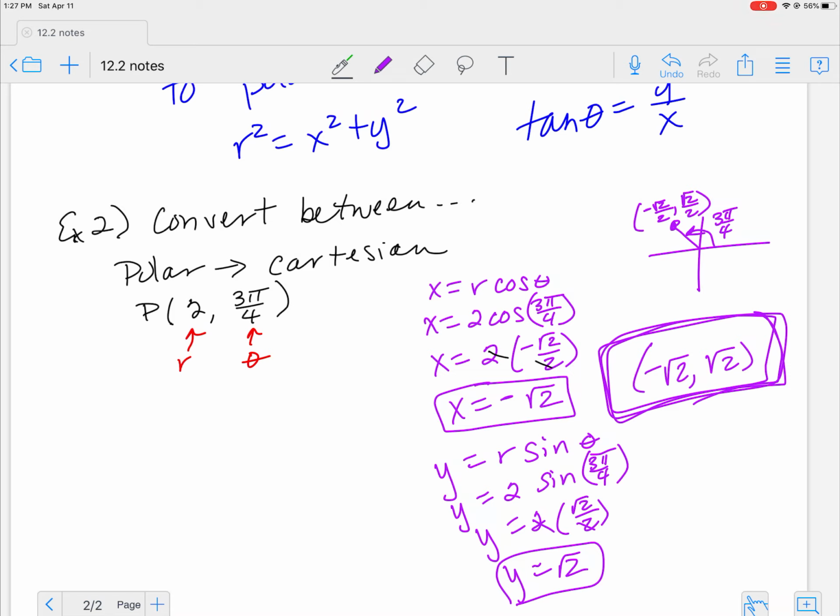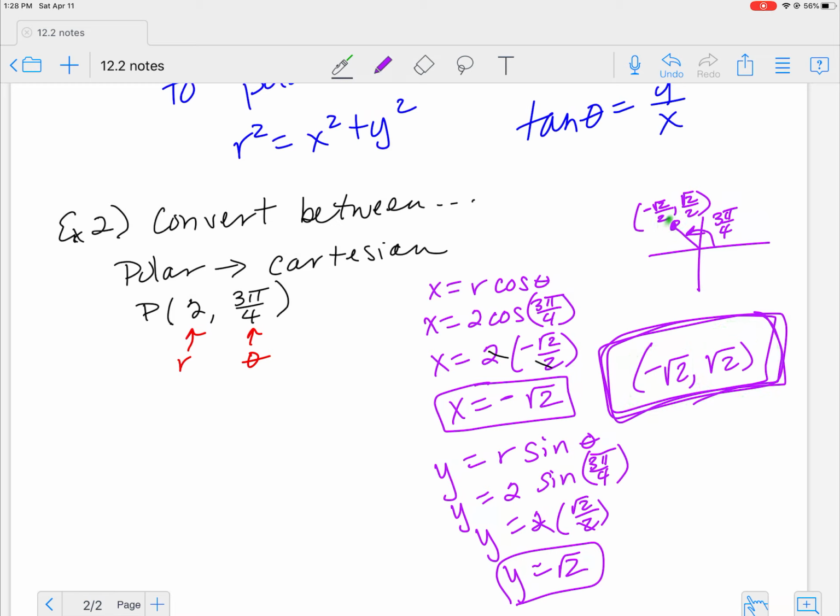Now let's talk about this for just a second here. Look at this. X is negative, y is positive. I'm talking about the exact same point. The biggest difference right here is the fact that this radius is a 2 according to my polar point. But it's still over here in this quadrant, right? And in this quadrant, x is negative, y is positive. Same quadrant.